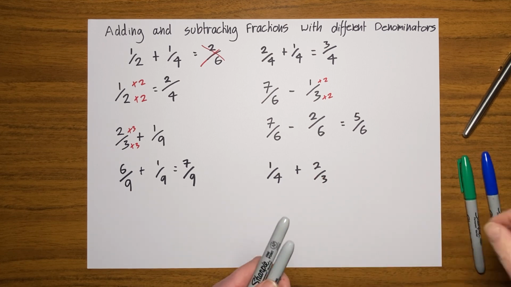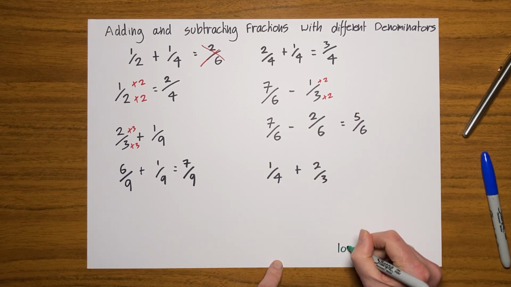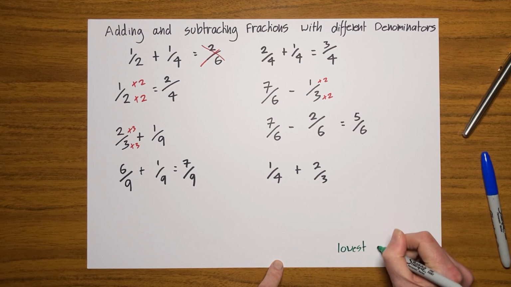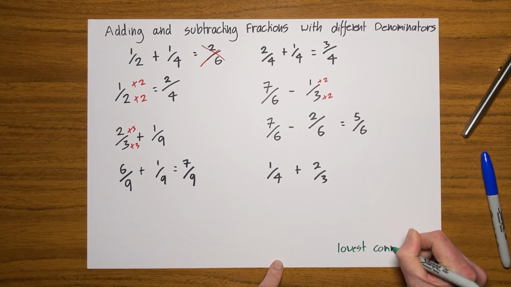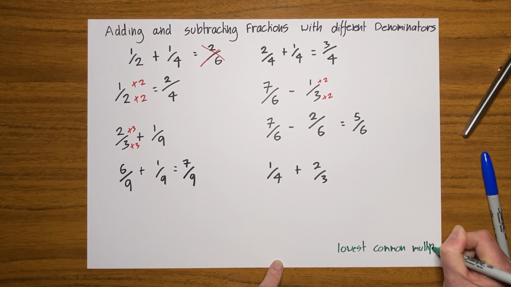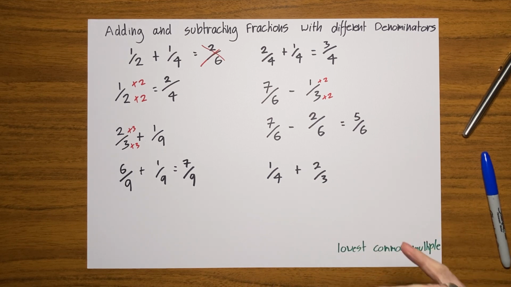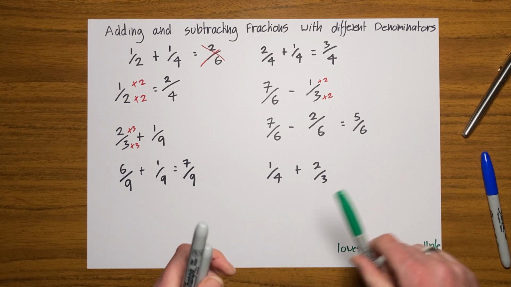What I need to do is find the lowest common multiple. So if I go up through the 3 times table and the 4 times table, where's the first time in which they both have a number in both times tables?